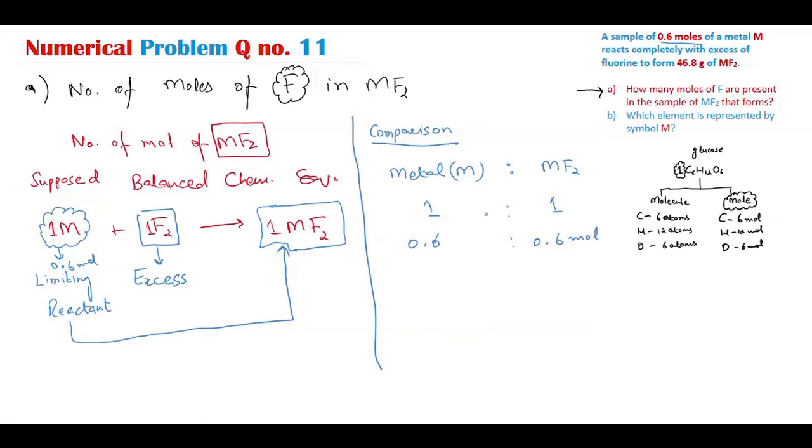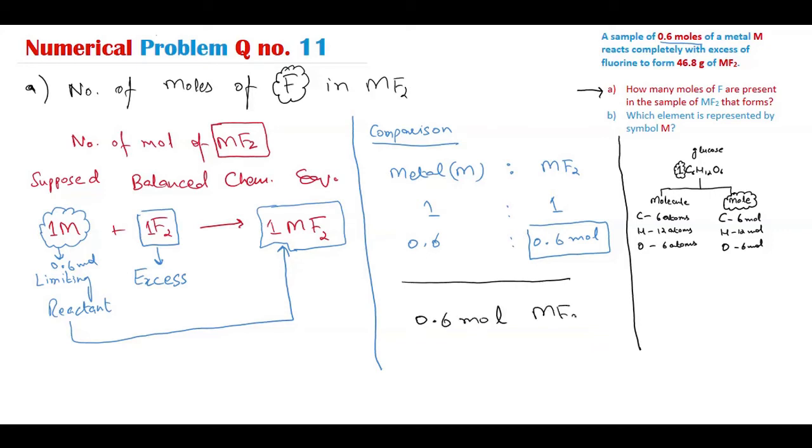If 1 mole produces 1 mole, then if you have 0.6 mole, it will produce only 0.6 mole. So this implies that we will be having only 0.6 mole of MF2 from 0.6 mole of metal M. Alright, this is the first thing we have just solved: we will be having 0.6 mole of compound MF2.